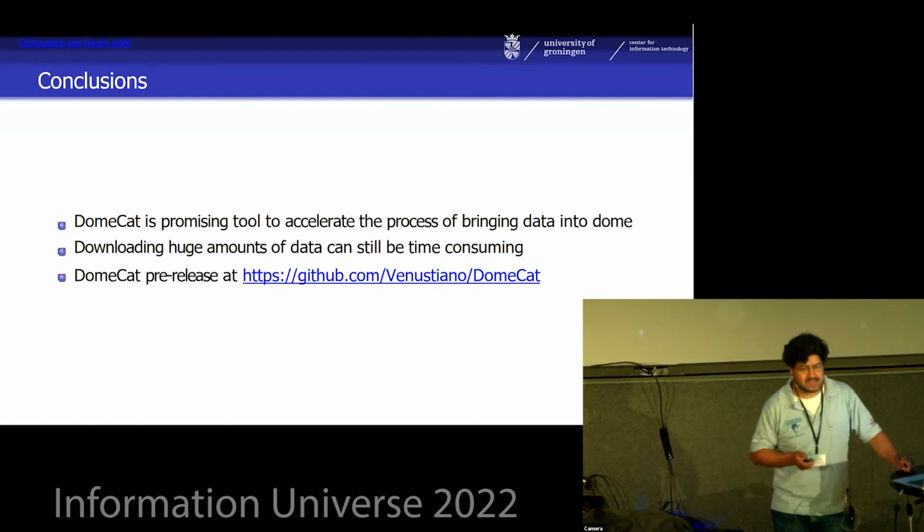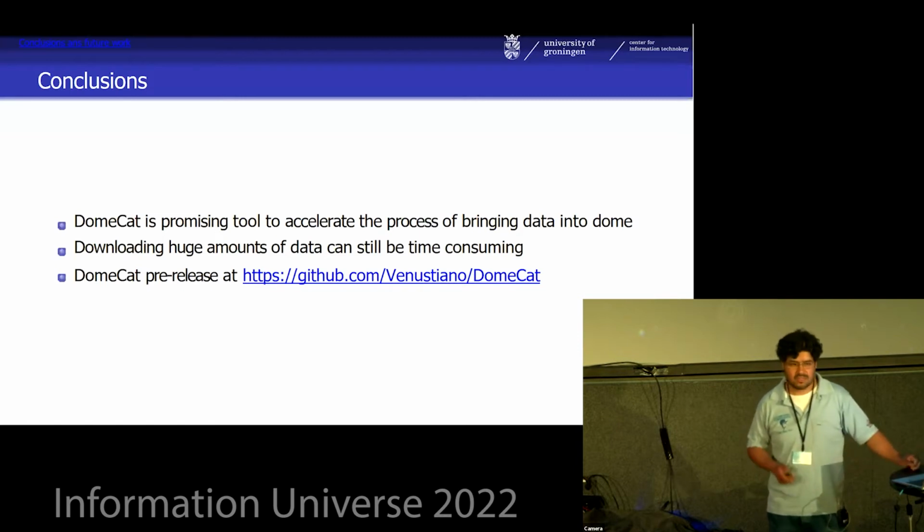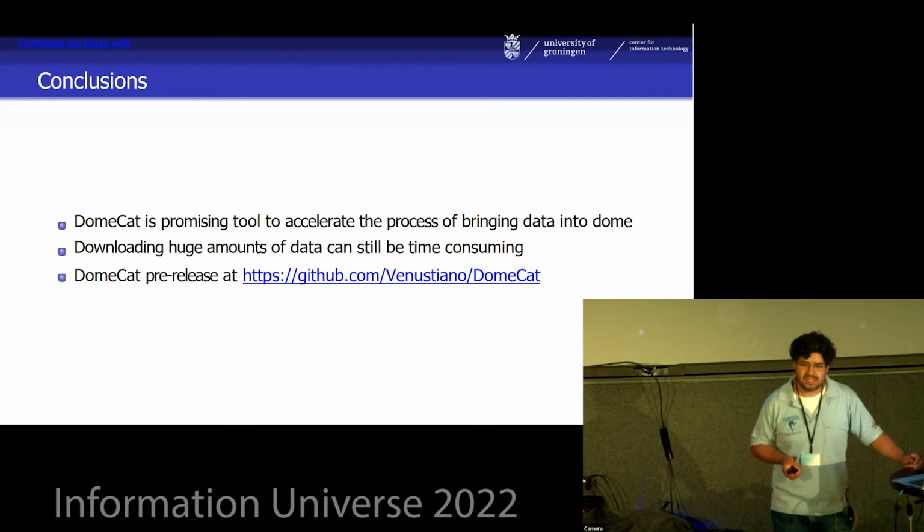Downloading can still be time consuming because we depend on many different variables: the speed of the read, the speed of the network, how busy is the server, the speed of the connections. Unfortunately this can be time consuming.